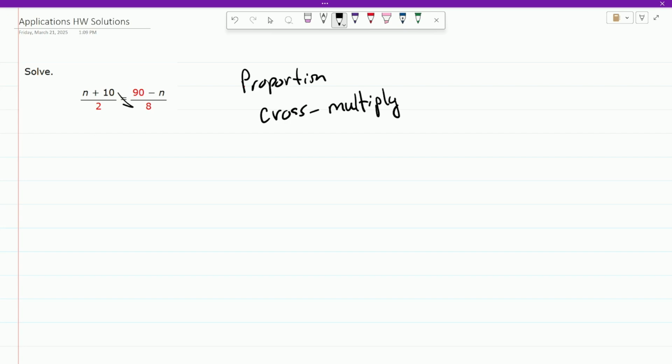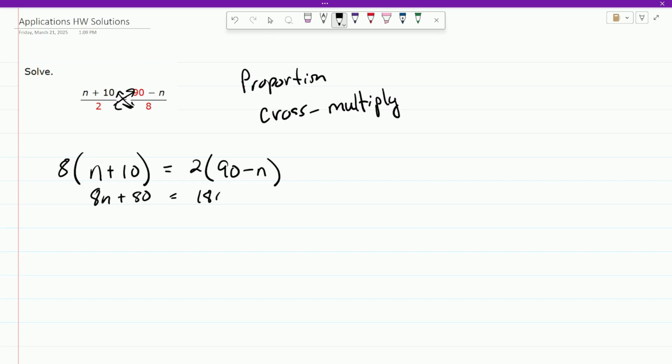So cross multiply, so we get 8 times the quantity n plus 10 equals 2 times the quantity 90 minus n. And then from here, we just go ahead and distribute. So we get 8n plus 80 equals 180 minus 2n.